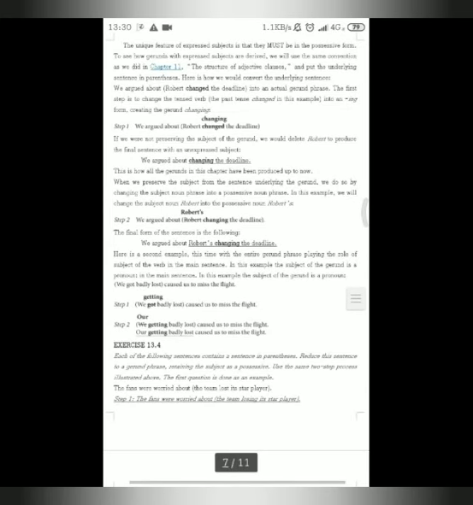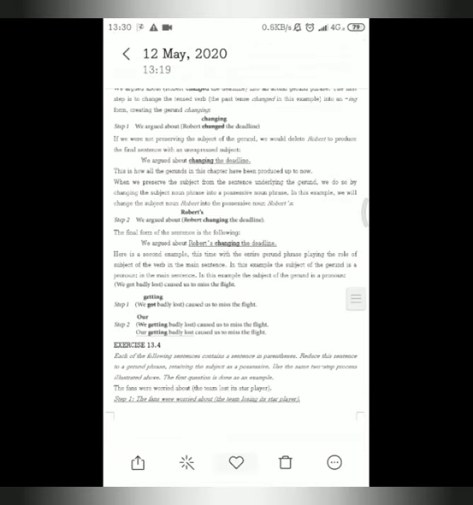The unique feature of expressed subjects is that they must be in the possessive form. To see how gerunds with expressed subjects are derived, we will use the same convention as we did in chapter 12, the structure of adjective clauses, and put the underlying sentence in parentheses.